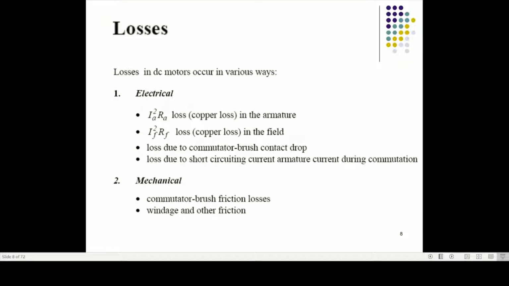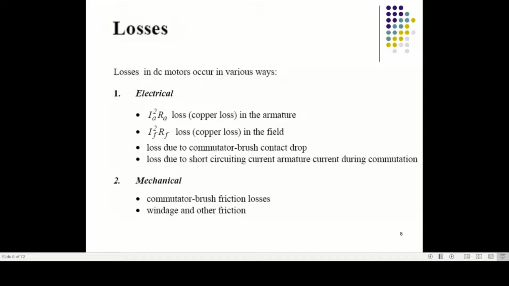Okay, and in DC motor there are broadly 4 main categories of energy loss. The first one is electrical losses or copper losses, or we can call it winding losses. The copper losses are the winding losses taking place during the current flowing through the winding, armature and field winding. And these losses occur due to the resistance in the winding.